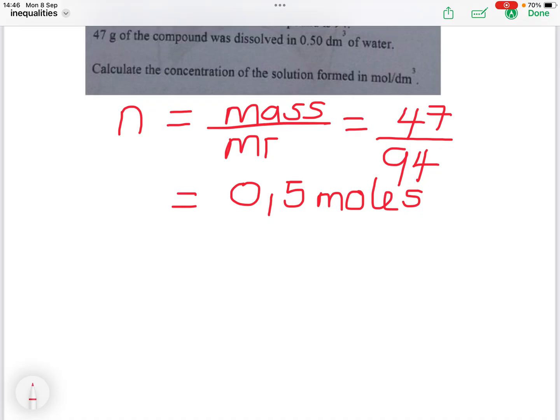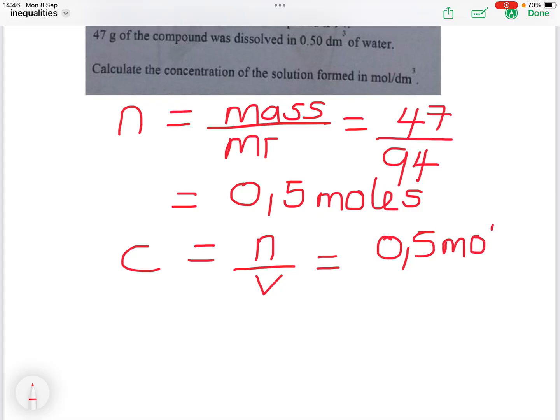And then after that, we now need to use that information to calculate the concentration. So we say concentration is equal to number of moles over volume. So we obtained the number of moles as 0.5 moles, right?